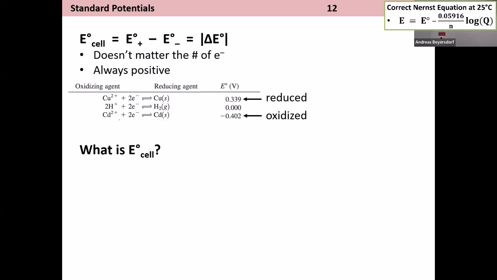So we said that's oxidation. Sorry, give me 1 second. This is reduction, so that's the cathode. Therefore it's the reduction potential of the cathode minus that of the anode.